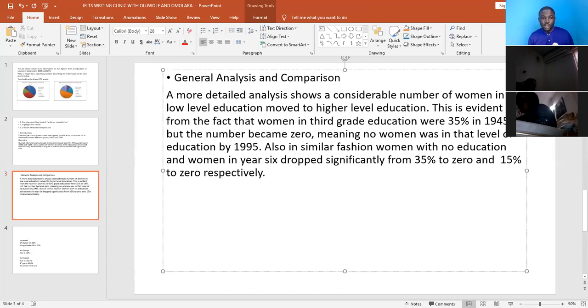So when you are dealing with 2 graphs, you need to check what is the point of comparison there. Okay.